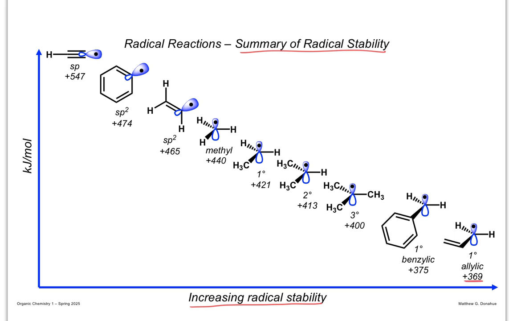So look at that number, plus 369. Again, that's coming from a carbon that's sp3 hybridized. You're cleaving a CH bond, and now you're forming a carbon that's sp2 hybridized, and then the radical exists in the p orbital.